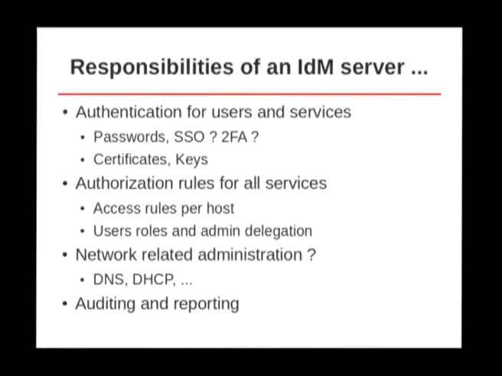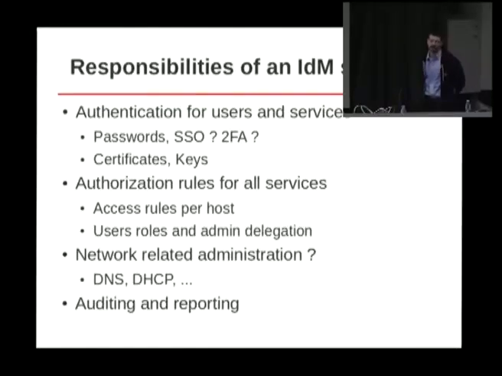It has to manage passwords, and other options you might want to consider are whether you should do single sign-on, whether you want to use two-factor authentication. These properties can change quite dramatically the way you can deploy services sometimes, the way you can use authentication applications. So you have to know in advance whether you want to use these features or not.